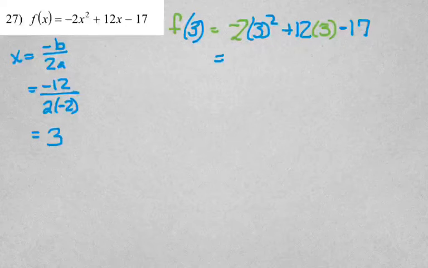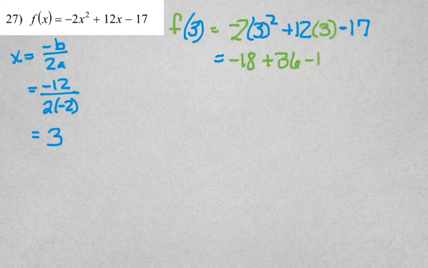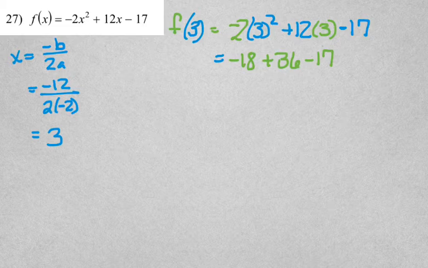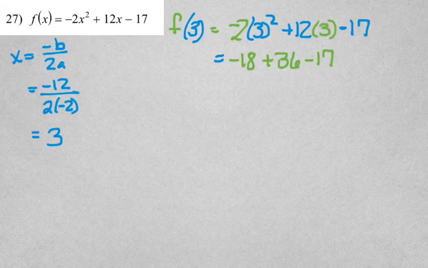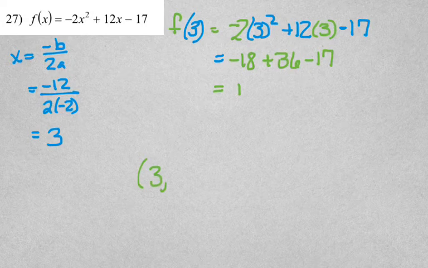And so negative 2 times my 3 squared is going to give me, 3 squared is 9, so that's going to be a negative 18 plus 36 minus 17. And so that gives me a total of 1. That means that my ordered pair is 3, comma 1.